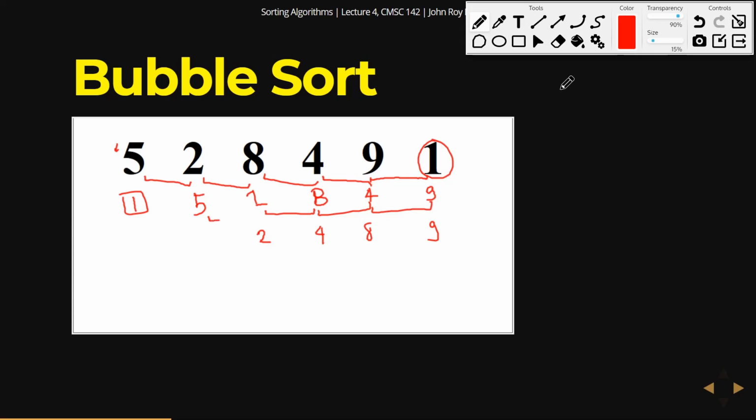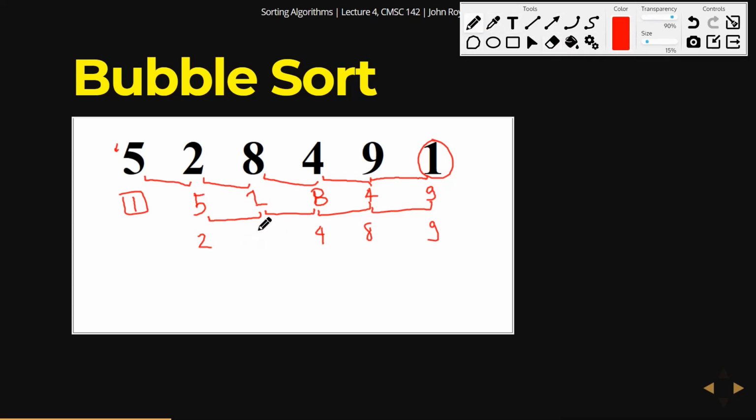But 5 and 2 will be swapped. So 2 would be here. And then 5 should be here. Right? So they would be swapped. And then 1, as we know, is already in its correct position. So now the first 2 items are already correct. Right? And since we did the swap, we'll continue.